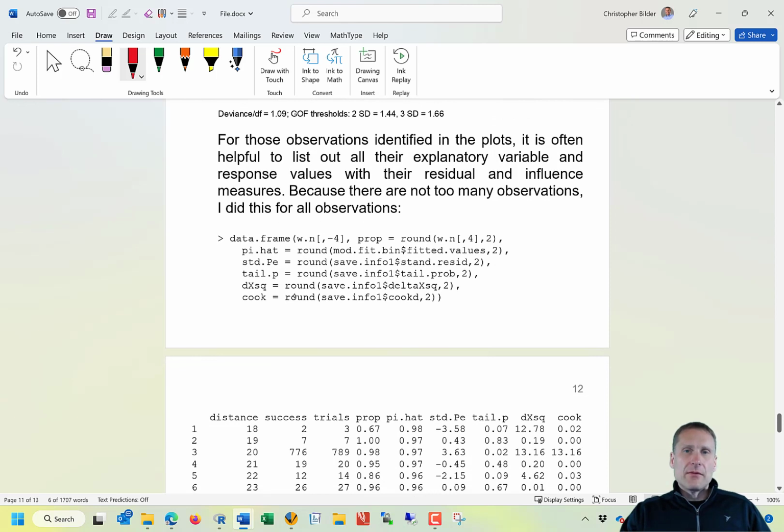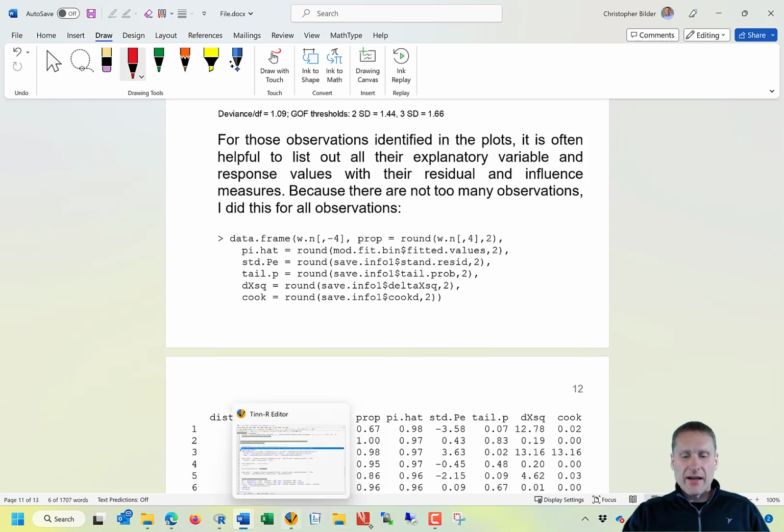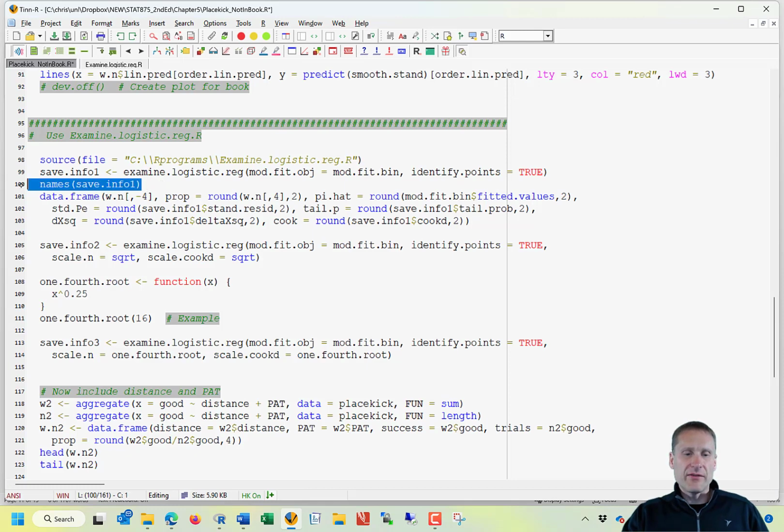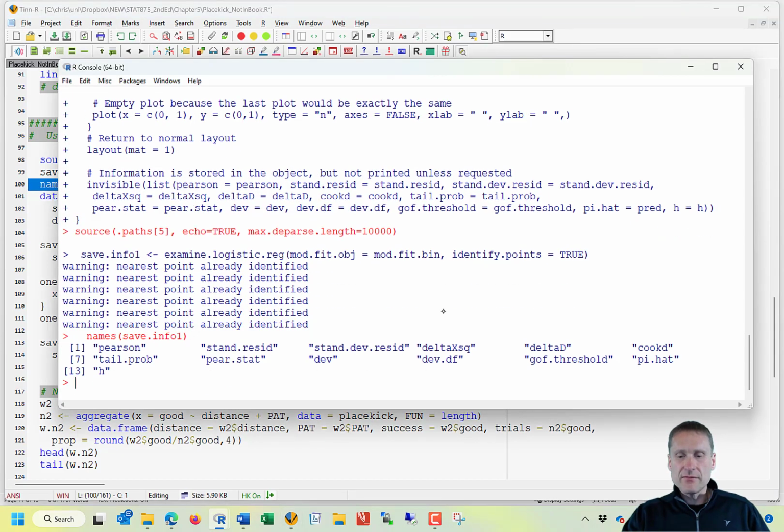Now, let's print off the actual numerical values so we can take a closer look at the corresponding observations. Inside of save.info1, where I saved the output from examine.logistic.reg, we see a list of everything that's being saved.